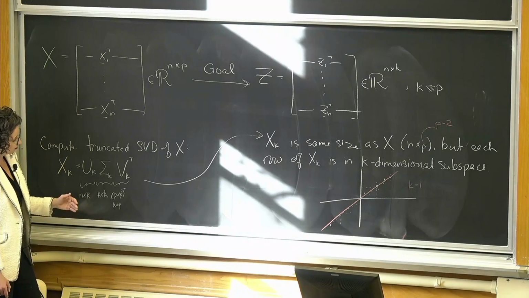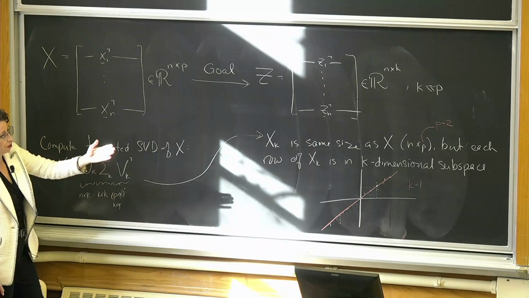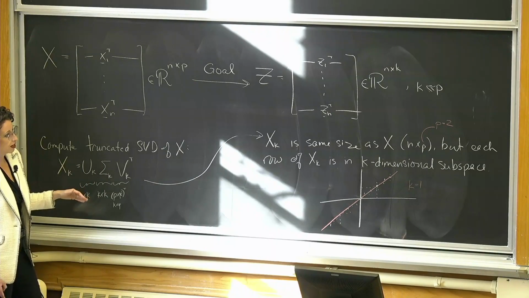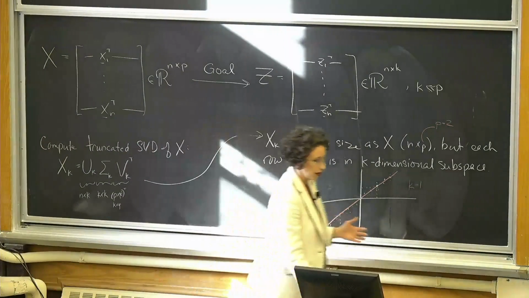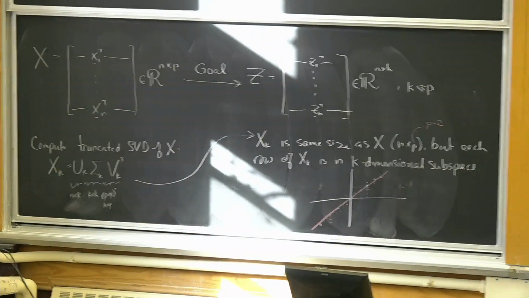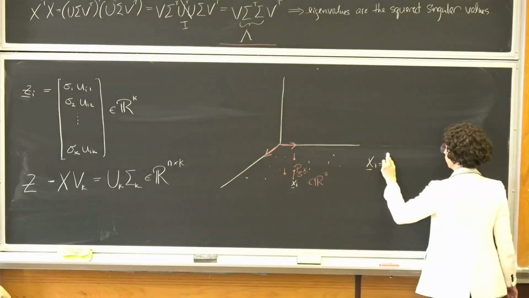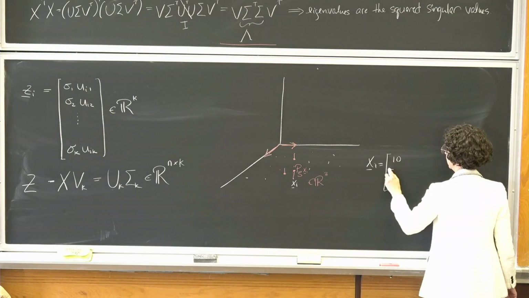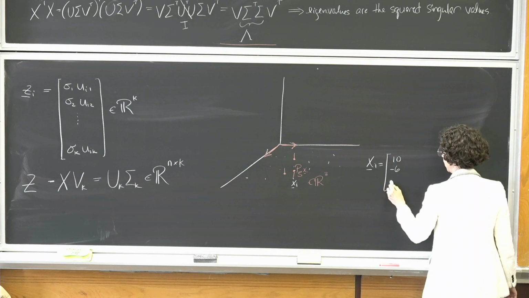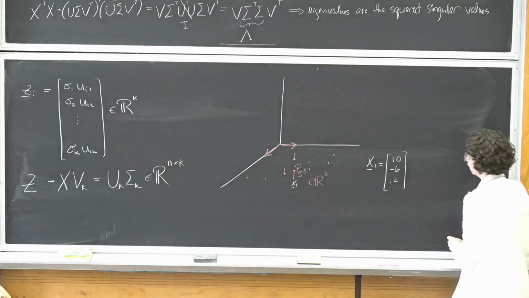So in our little 3D example, maybe I'll just write this out. xi could be, for instance, 10, -6, and then 0.2.